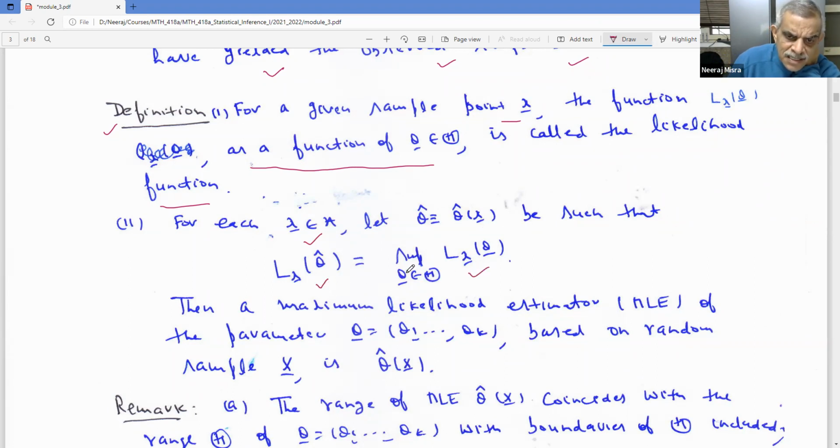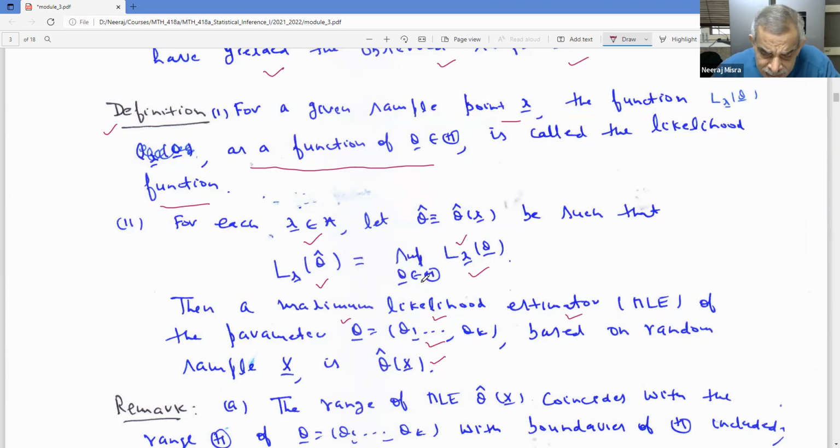So L_x(theta hat) is the supremum over theta belonging to Theta of L_x(theta). Or in other words, theta hat is the point at which the likelihood function is maximized. Then a maximum likelihood estimator of the parameter theta based on random sample X is theta hat(X). Or in other words, the maximum likelihood estimator is nothing but the one which maximizes the likelihood function L_x(theta).